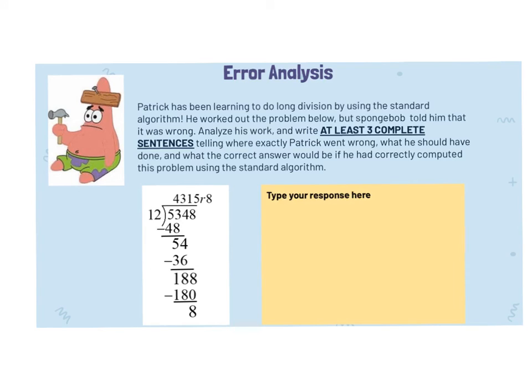Okay, on the last problem, you are doing an error analysis. It says, Patrick has been learning to do long division by using the standard algorithm. He worked out the problem below, but SpongeBob told him that it was wrong. Analyze his work and write at least 3 complete sentences telling where exactly Patrick went wrong, what he should have done, and what the correct answer would be if he had correctly computed this problem using the standard algorithm.